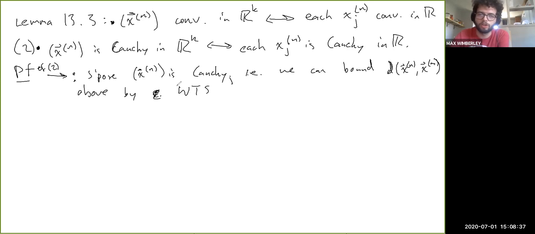What we want to show is that we can bound these numbers above by epsilon as well.